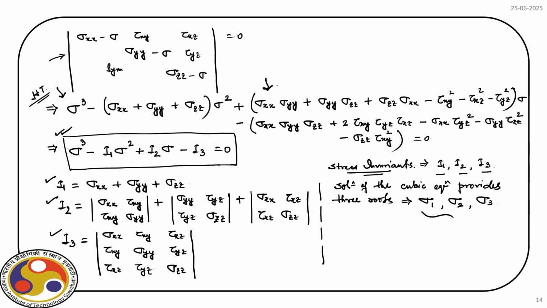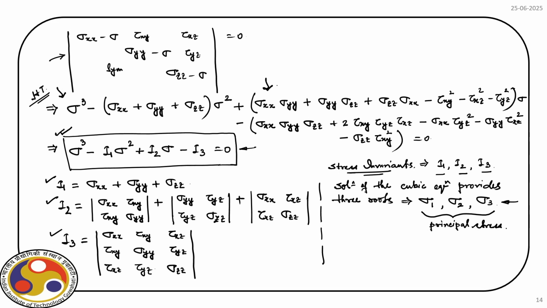These 3 roots are the solution of this cubic equation we have derived, and these 3 roots are the principal stresses. Okay. So, we start from the 3D stress field, and if we do the eigen analysis of the 3D stress field, we basically get the 3 roots of the stress field that we defined at the beginning, and these are the 3 principal stresses.